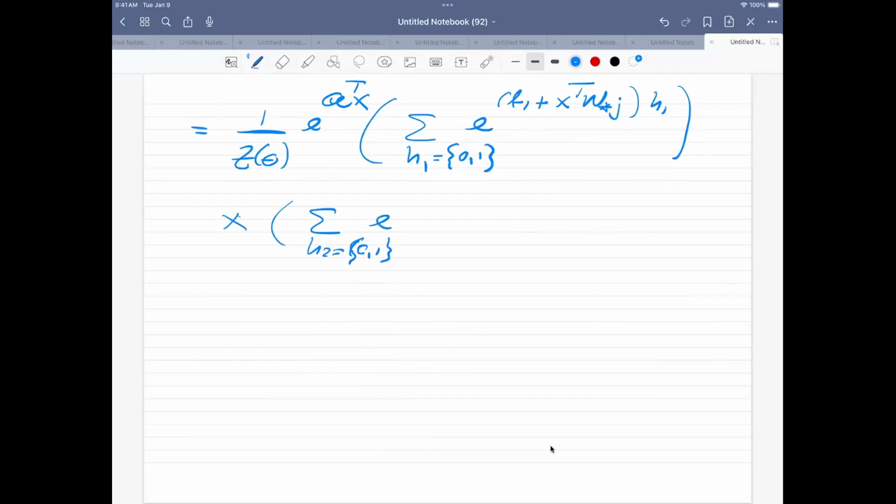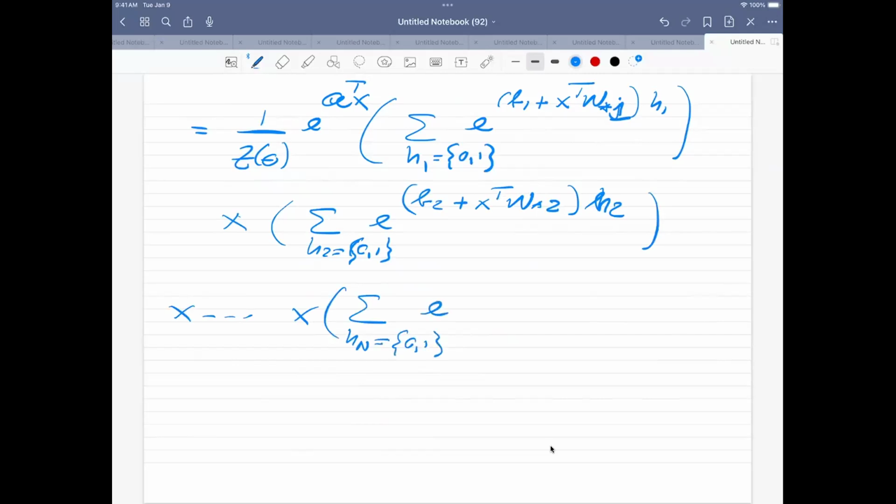And then I have E of B2 plus X. So this should actually be 1 here, 1, and then 2, and H2. And this goes all the way to the final node which we have. And then I have my H of N. And then I have E of B of N plus X transpose of N multiplied with H of N.